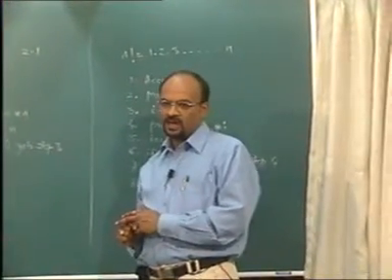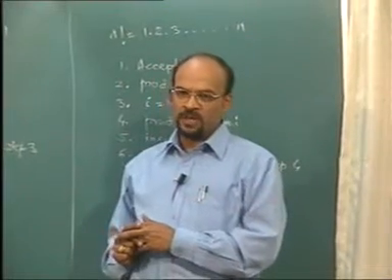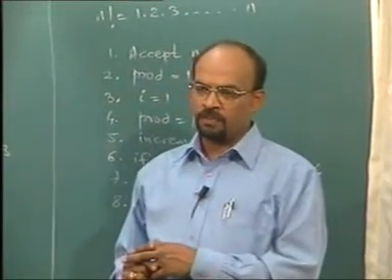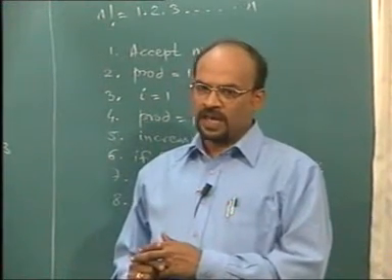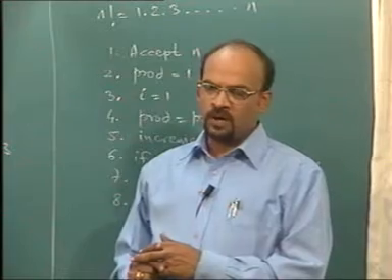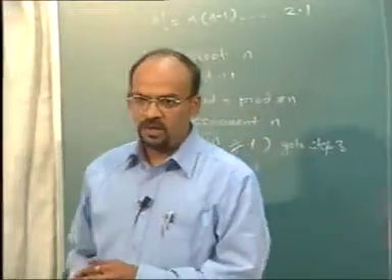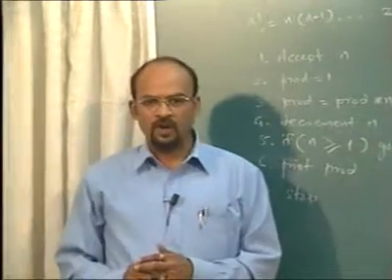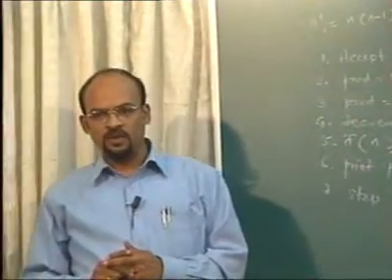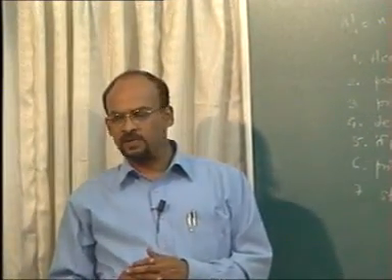If n is greater than or equal to 1, go back to multiplication, otherwise print product, stop. In the second case, accept n, initialize product to 1, initialize counter to 1, multiply product by the counter, increment the counter. If counter is less than or equal to n, go to multiplication, otherwise print product, stop.